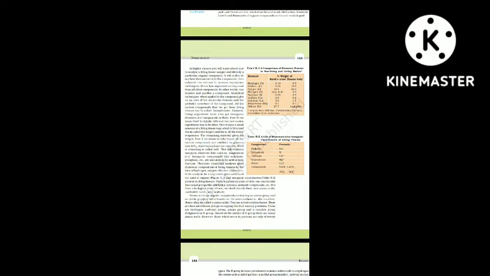The remaining material gives dry weight. Table 9.2: a list of representative inorganic constituents of living tissues. Component, formula: sodium chloride, NaCl; calcium carbonate, CaCO3; and others, present in living tissues.